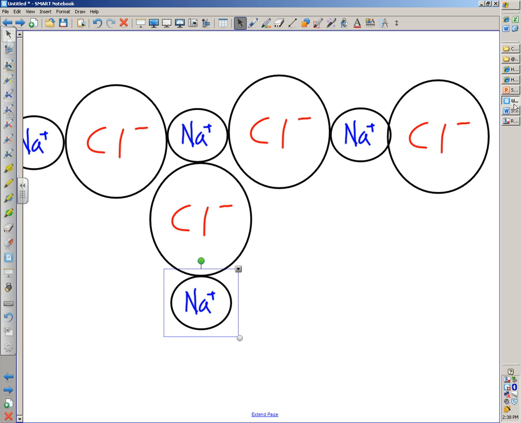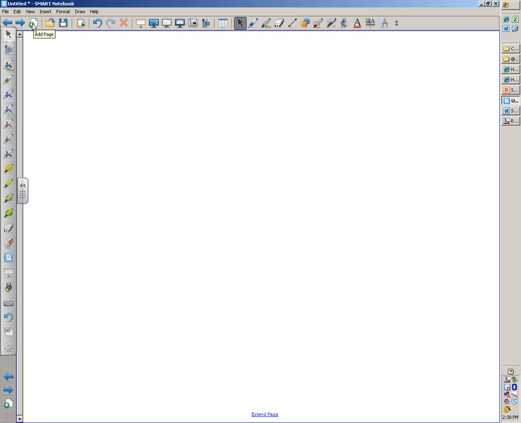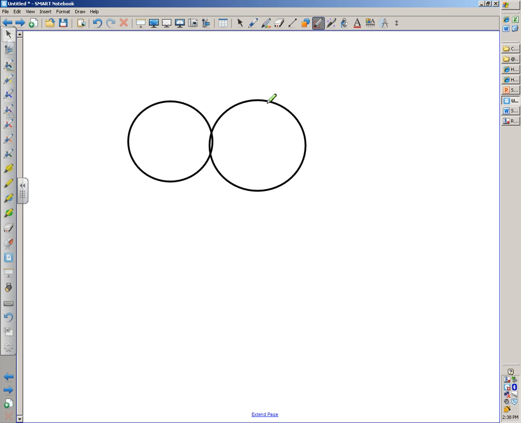But if I were to draw a compound that was held together by nonpolar bonds, right, those two are bonded to each other, so there's a strong attraction between the two of them, but do they have any attraction for this over here? There's really no positive side on one to latch on to the negative side of the other one. There's really just not much interaction there.